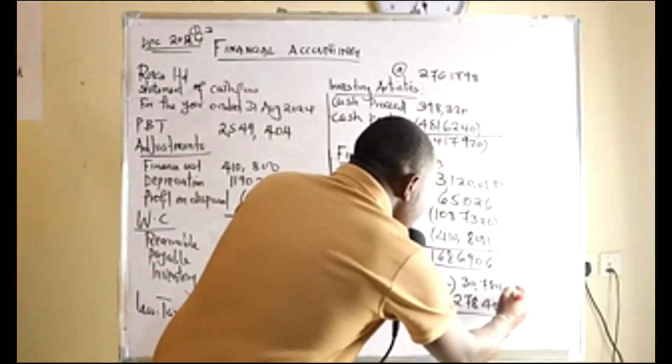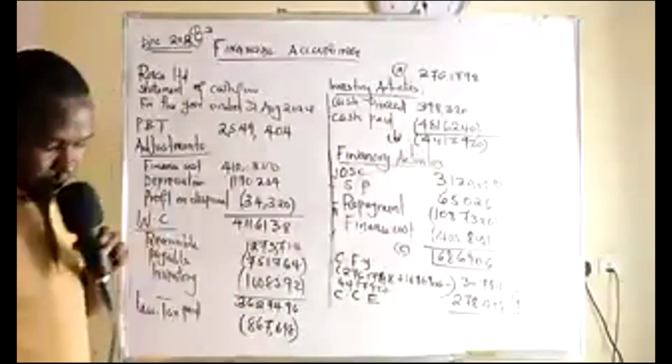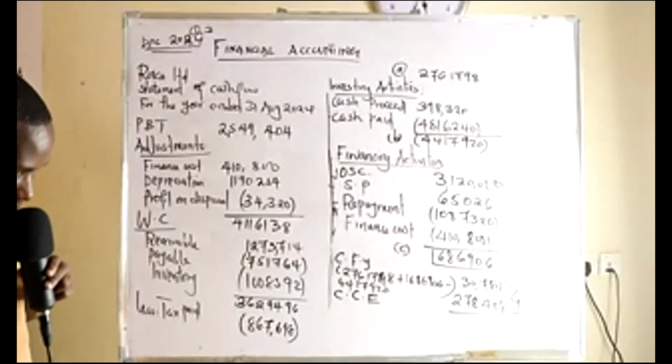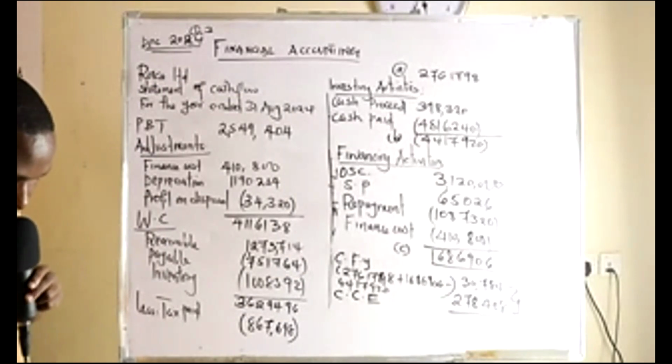If you add these two, you should be able to get our balancing or closing figure: 30,878 plus 278,408.